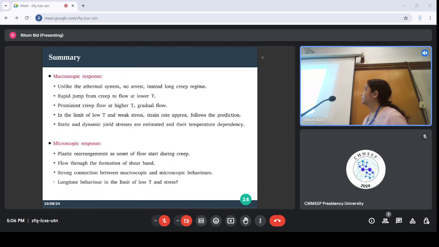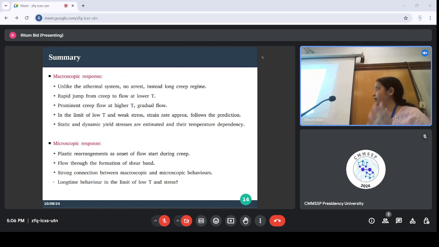So, in summary, unlike the thermal system, here we didn't find any arrest, but the system creeps for a long time, and at high temperature we found prominent creep flow, and the system flows gradually there.